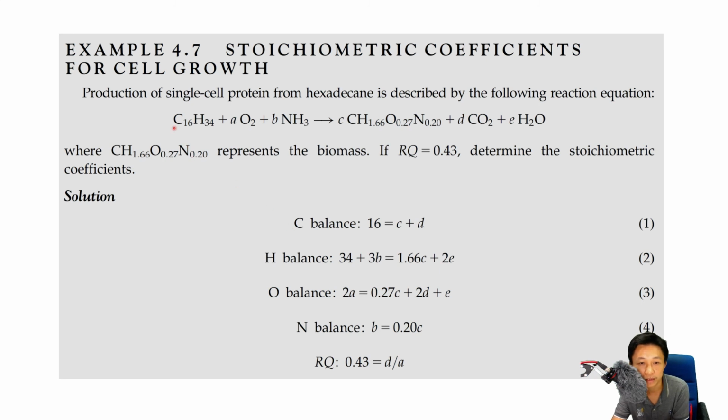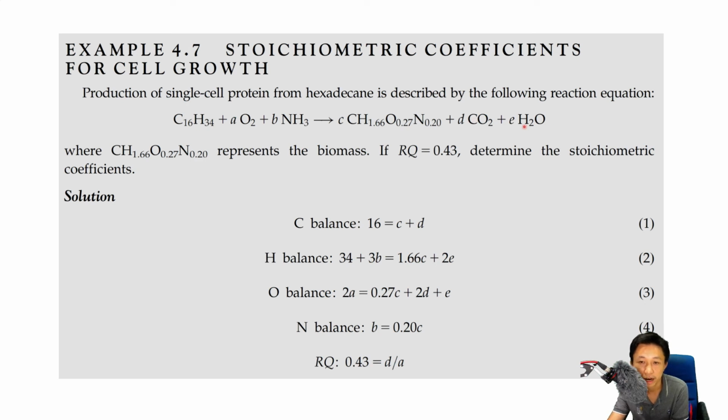Carbon, you have 16 here, C times 1 here, and you have D here. So this is carbon. Hydrogen, you have 34 here, plus on this side B times 3, and C times 1.66 here, and you have 2E.